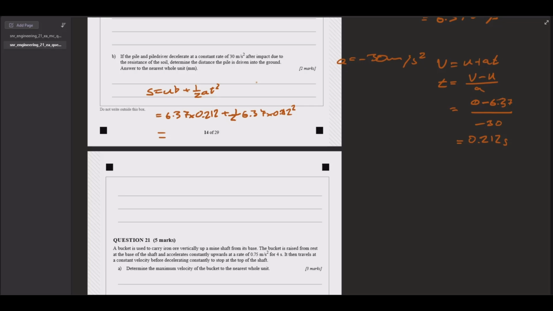Give me a second. 0.49 meters. That is not what they got. What did you do? What is that formula? Oh, I forgot a minus. Whoops. That'll do it. Oh, okay. That is not an acceleration. That's a velocity. The acceleration is 30. Far out. Alright, third time's charm.